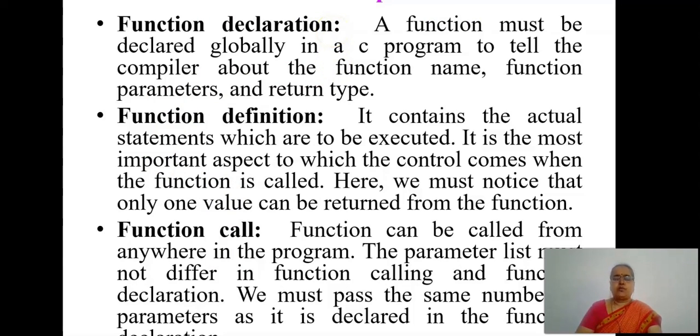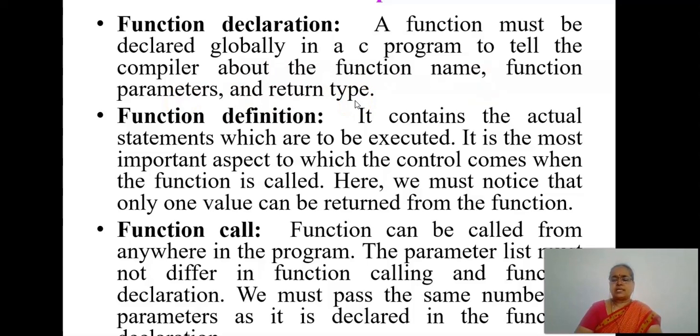And this function consists of three aspects. If you want to use a function in a C program, first you have to declare the function, then you have to define the function, then you have to call the function. A function must be declared globally, that is, outside any function in a C program. It tells the compiler about the function name, function parameters, and return type.